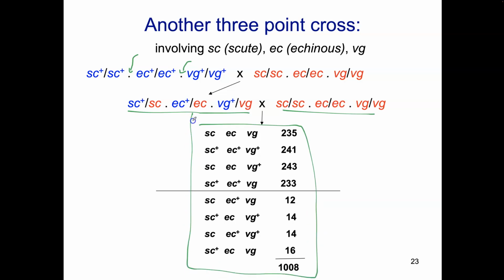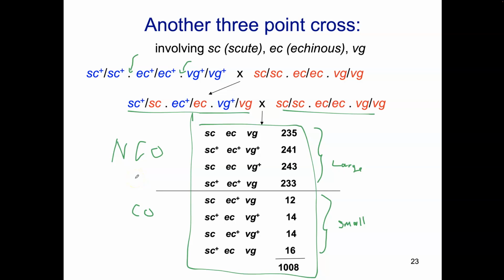In this pattern, we have 4 large categories and 4 small categories. So when I see a pattern like this, my first thought is that these are non-crossover and these are crossover.